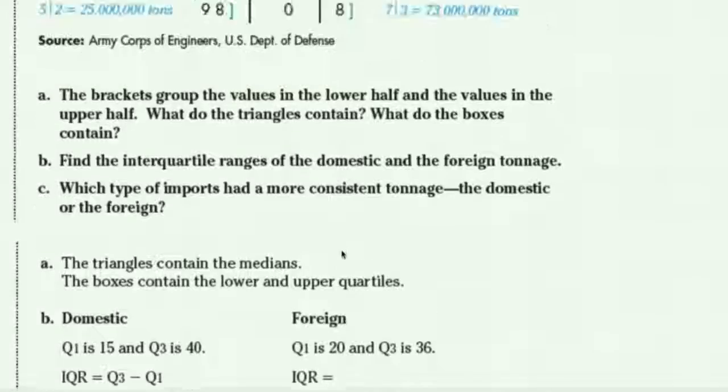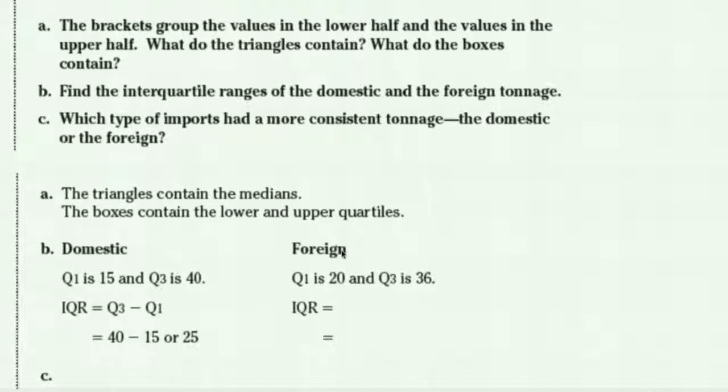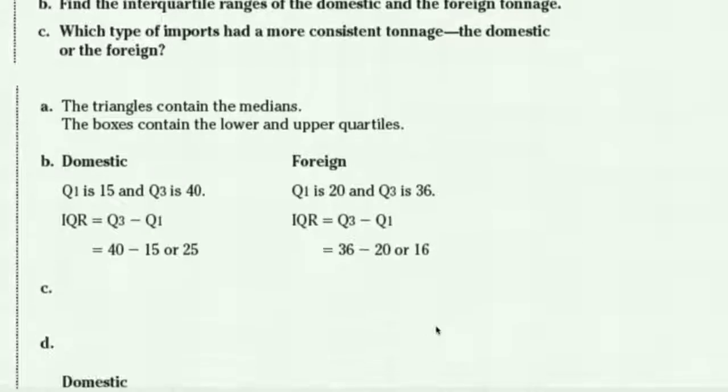In our foreign data, you have 36 and 20. Okay, 20 is our Q1, 36 is our Q3. Our IQR therefore would be Q3 minus Q1, or simply 36 minus 20, which is 16.